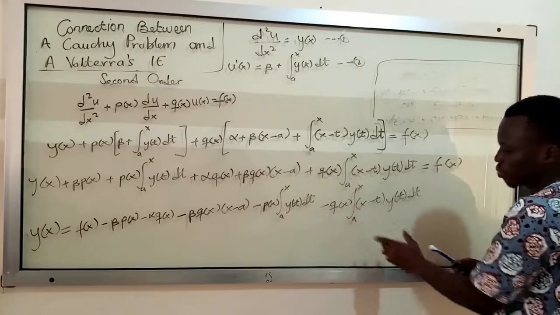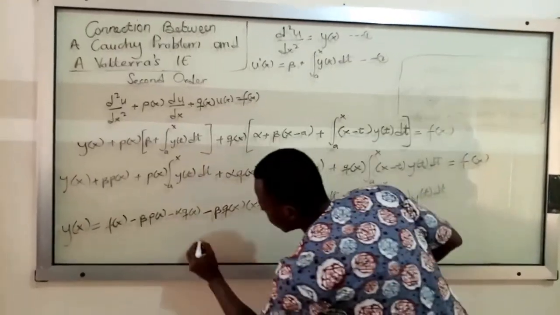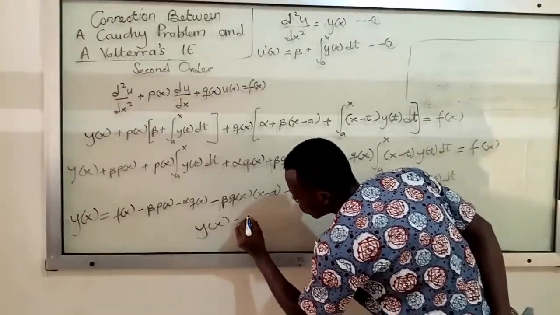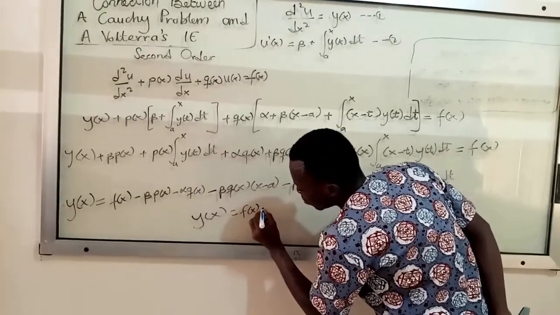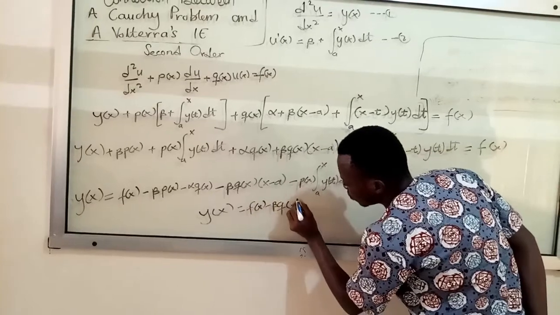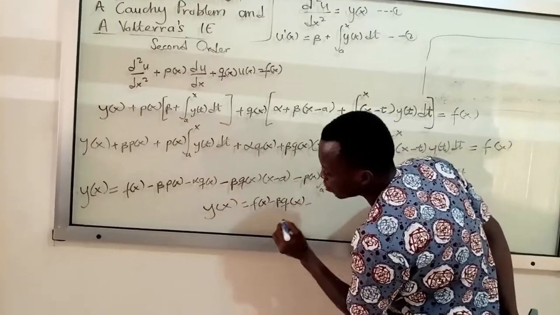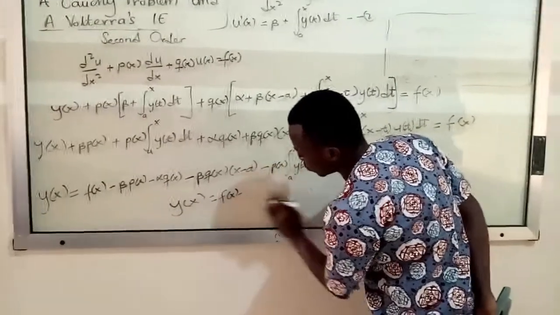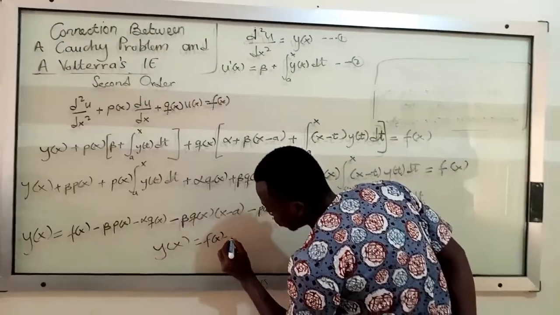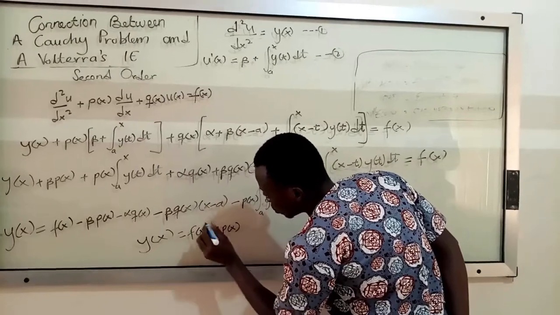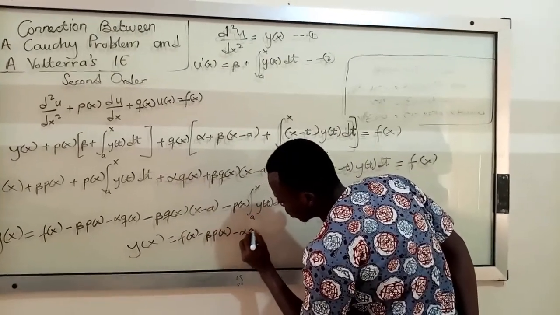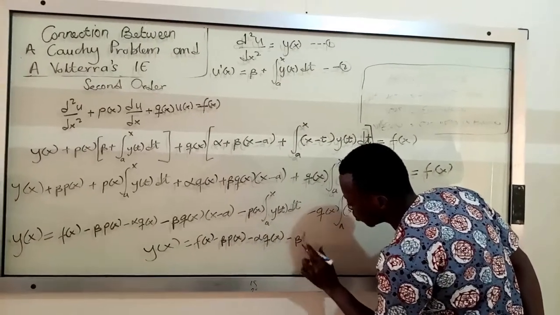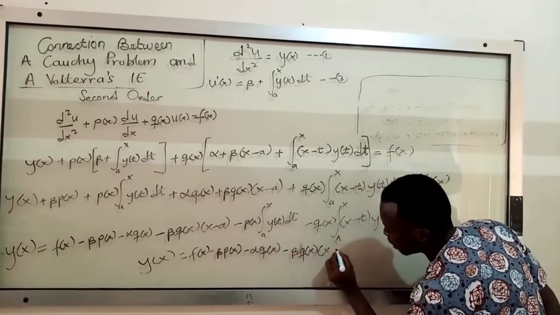So you can rewrite the whole of this relation as y of s equal to f of s, minus beta p of s, minus alpha q of s, minus beta q of s times s minus a.